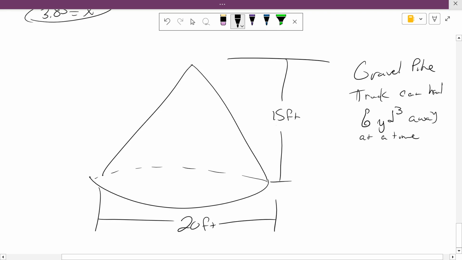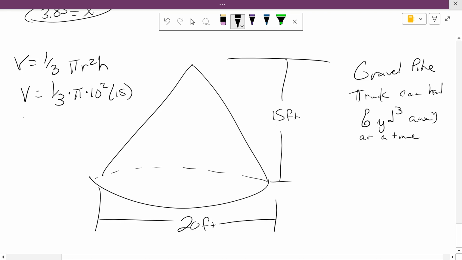Well, we want to find the volume of this gravel pile. Volume of a cone is 1/3 pi r squared h. What's my radius? 10 squared times 15.